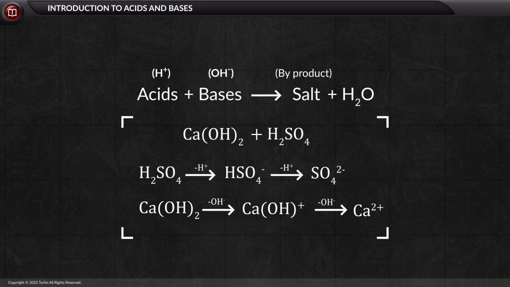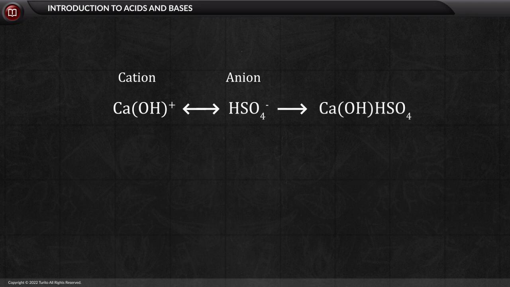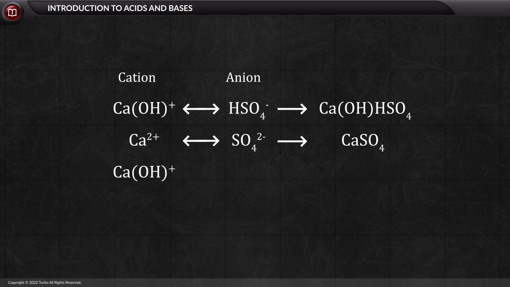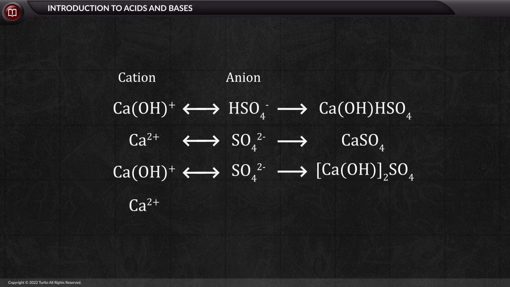When we combine these ions, we get different products. Like, when Ca(OH)+ with HSO4- forms Ca(OH)HSO4. At the same time, Ca2+ with SO4 2- forms CaSO4. Likewise, Ca(OH)+ and SO4 2- forms [Ca(OH)]2SO4, and Ca2+ with HSO4- forms Ca(HSO4)2.